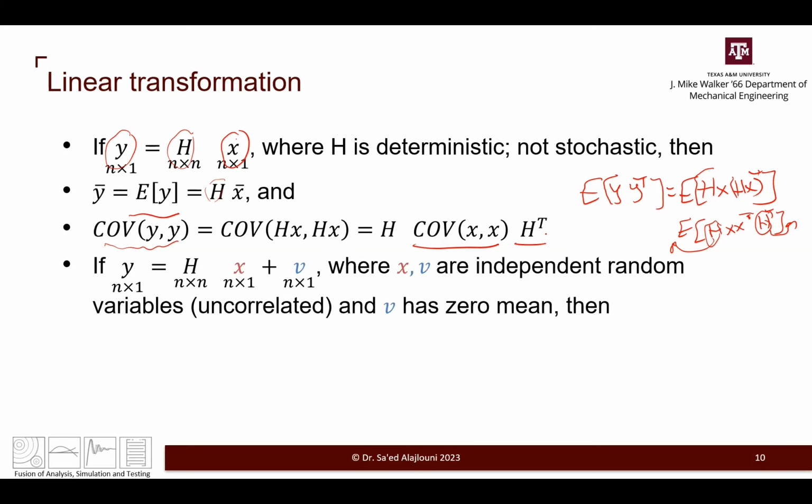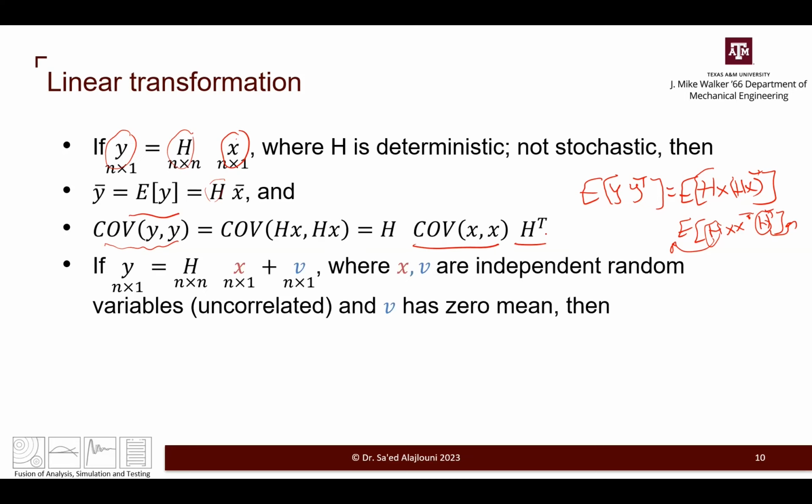Again, these are handy when we get to the Kalman filter or recursive estimator. The covariance of a vector with itself is also known as the autocovariance.